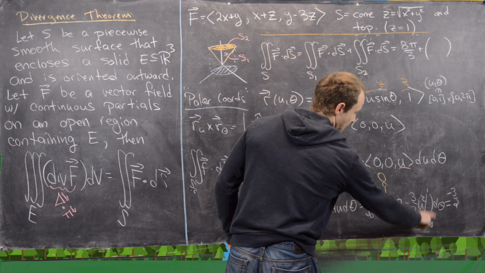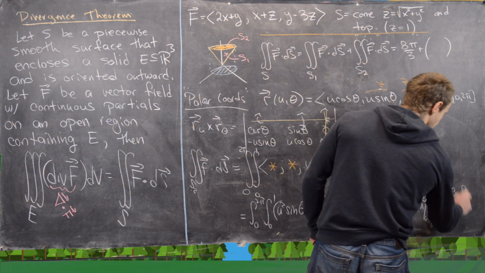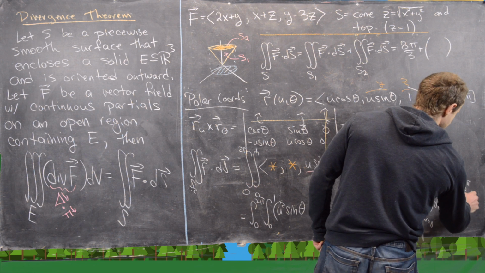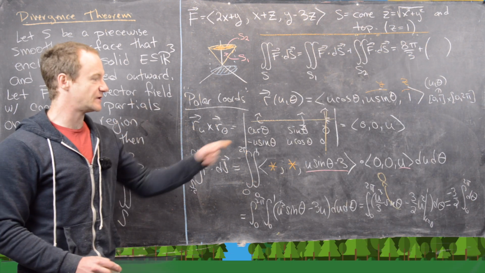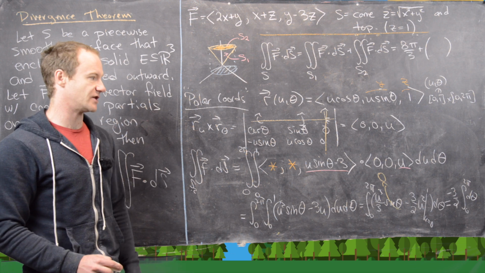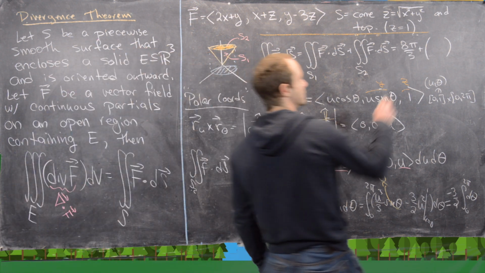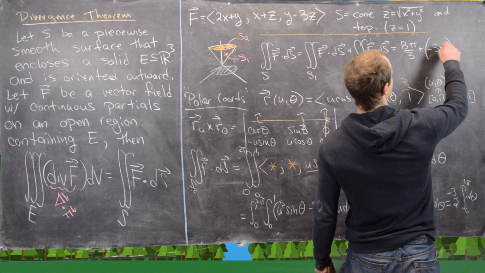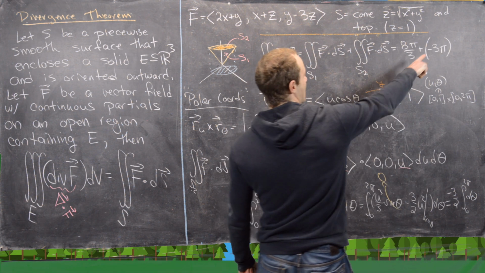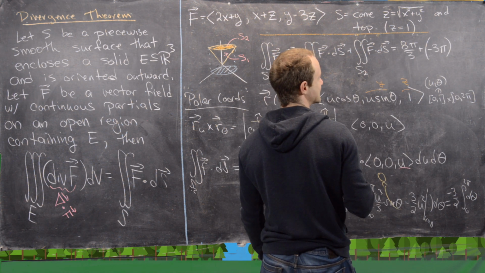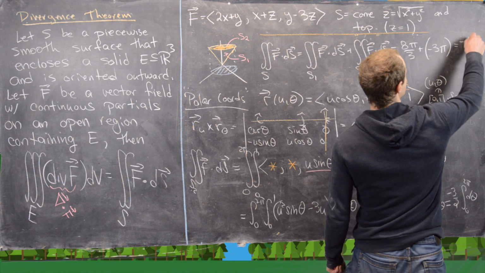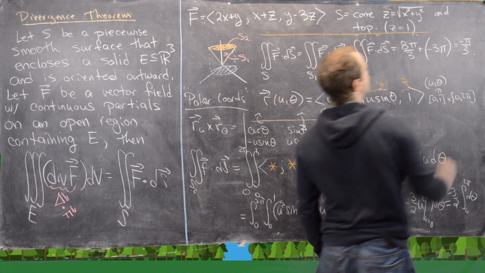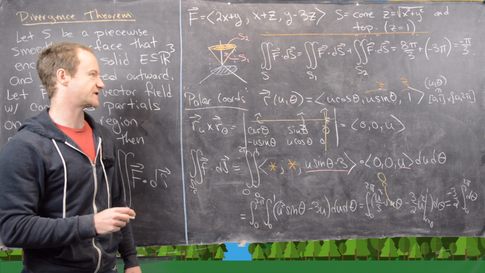Notice if we plug 1 into that, and then the integral from 0 to 2 pi d theta. But now if we take the antiderivative of that and evaluate it at 2 pi, it's pretty easy to see that we get minus 3 pi. But now minus 3 pi is the same thing as minus 9 over 3, so this is minus pi over 3. So that is the total value of our surface integral.